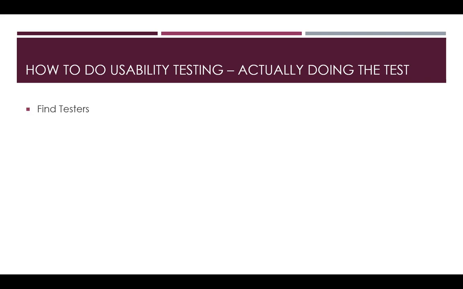So, actually doing the test. Here are the steps. First, find your testers. Second, schedule your tests. Create a script. Steve Krug's book has some really excellent examples on creating a script and what the components of the script should be. Get your incentives.